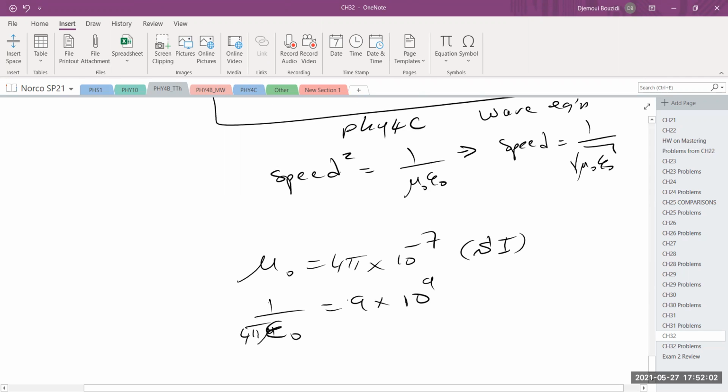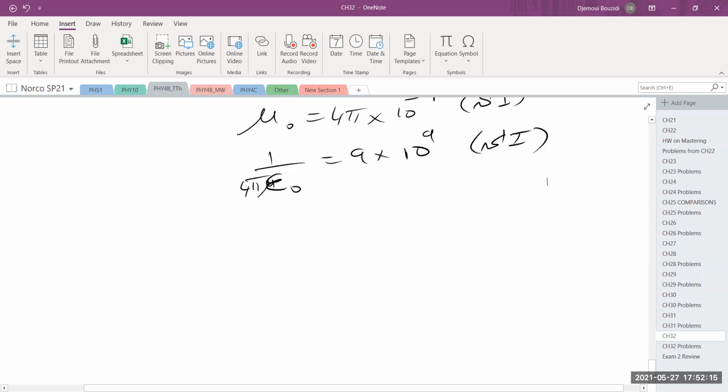I know it's 8.99 something, okay? It's also in SI. So that means epsilon naught from this expression is equal to 1 over 4 pi times 9 times 10 to the power 9, in SI.